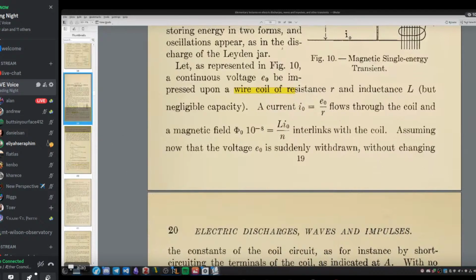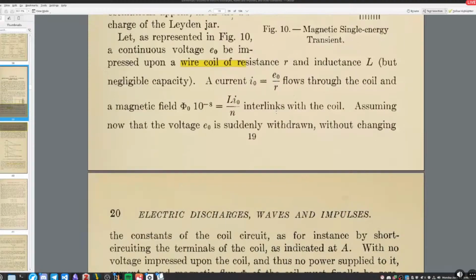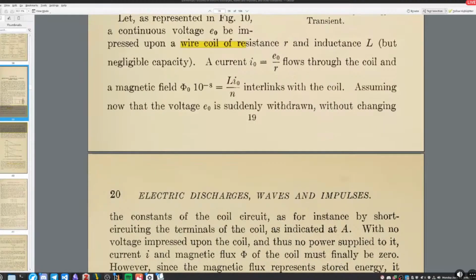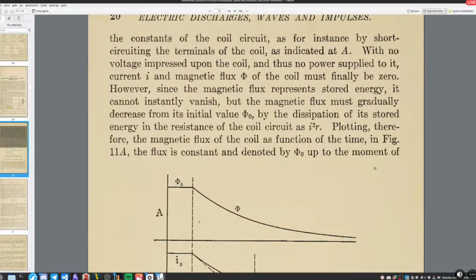Assuming now that the voltage E naught is suddenly withdrawn without changing the constants of the coil circuit, as for instance by short circuiting the terminals of the coil as indicated at A. With no voltage impressed upon the coil and thus no power supplied to it, current I and magnetic flux phi of the coil must finally be zero.